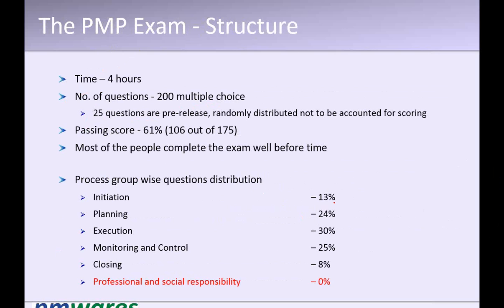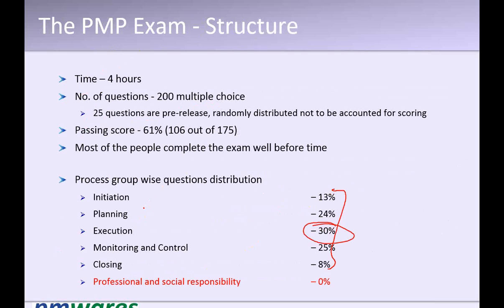The questions are distributed in this fashion. Maximum questions will come from execution. You might have seen that in execution, out of 7 processes, 5 are related to human interaction, that is communication, human resource management, and stakeholder management.